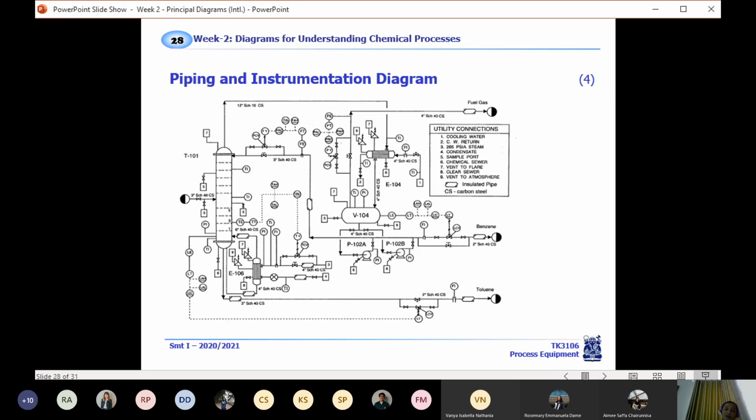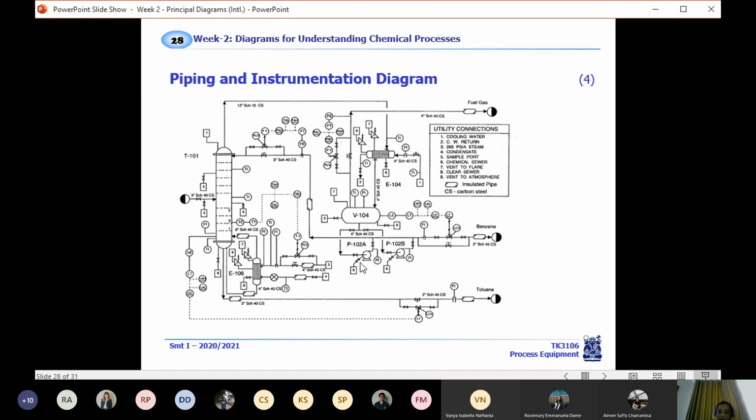The third thing that we can obtain from the piping and instrumentation diagram is the redundancy of the equipment. How many parallel systems can we have? For example, this pump. In this PID, I will draw all the parallel systems that I have.